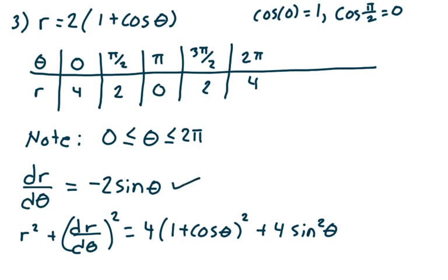dr d theta is equal to negative 2 sine theta. So r squared plus dr d theta squared is 4 times the quantity 1 plus cosine theta raised to the second plus 4 sine squared theta. Now, what I want to do is take 1 plus cosine theta and square it.